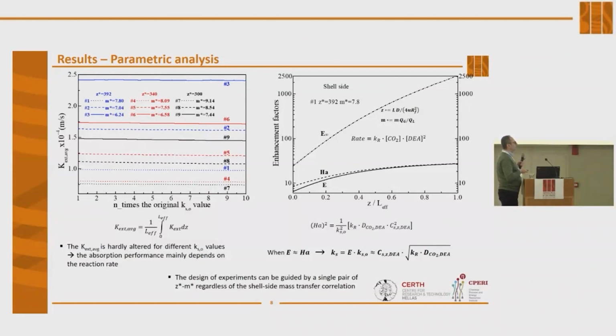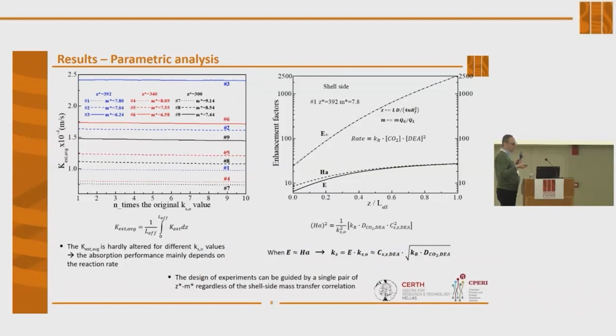And we're introducing an averaged K external value, an averaged combined mass transfer coefficient. And we see that regardless of the x-axis, we have the times multiplying the KSO value. Regardless of the value of KSO, the K external value remains the same.